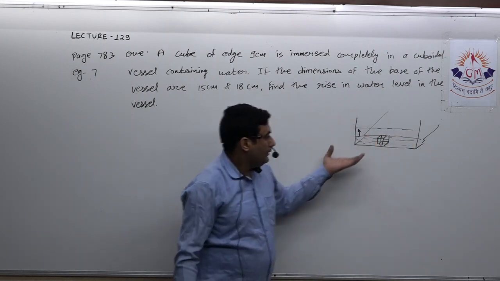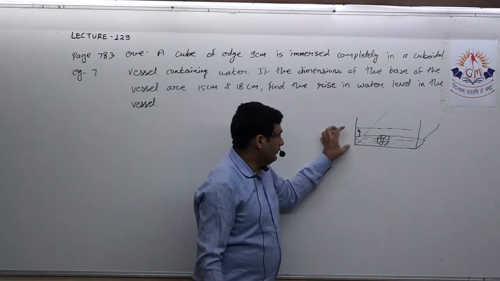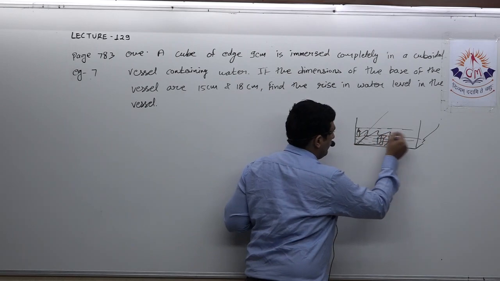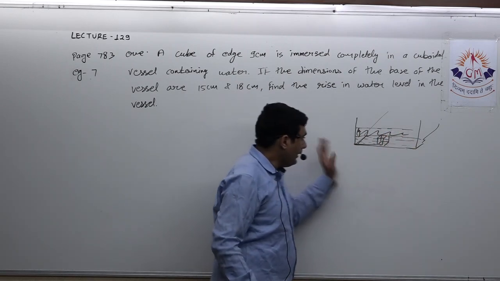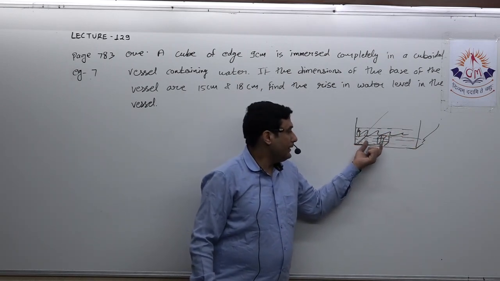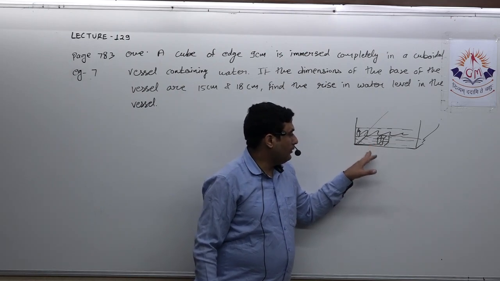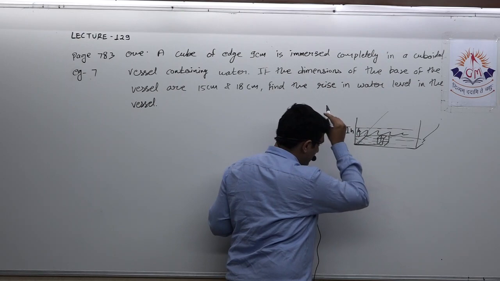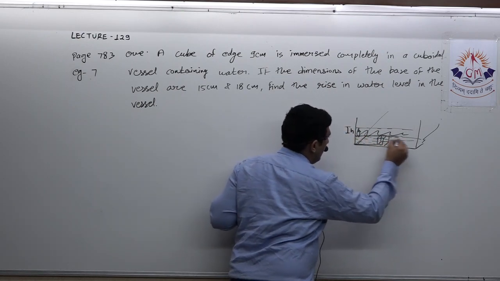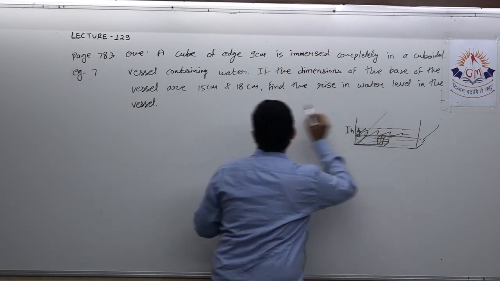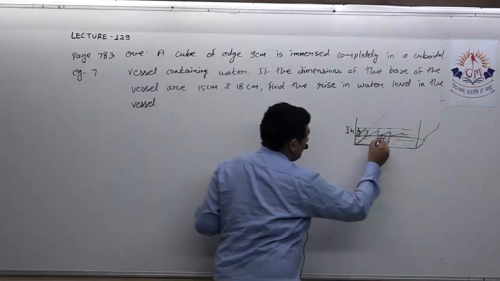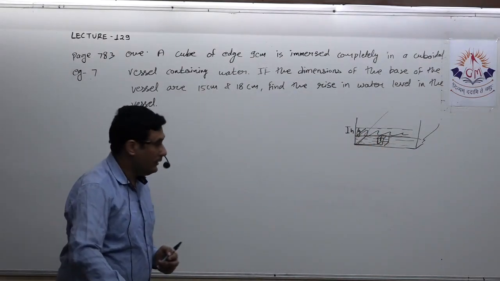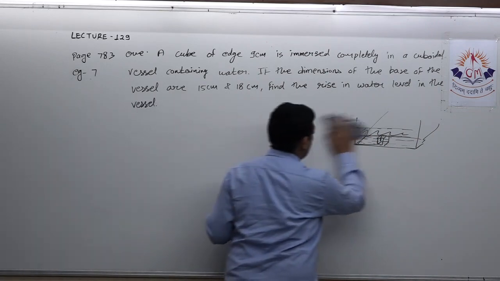But the length and the breadth of that water column will be the same. Suppose this is h, then its length and breadth remain the same. So what I have to find is how much the water level will rise.